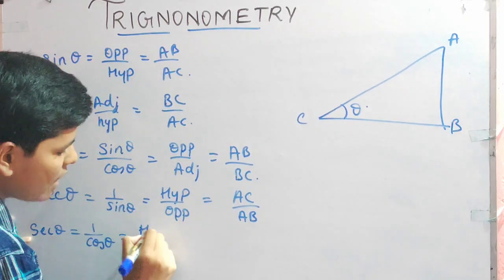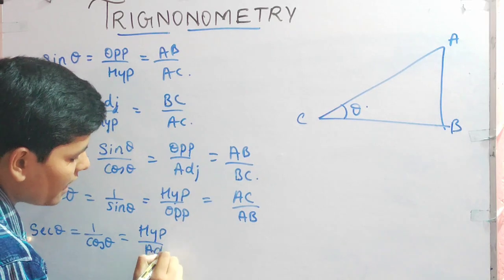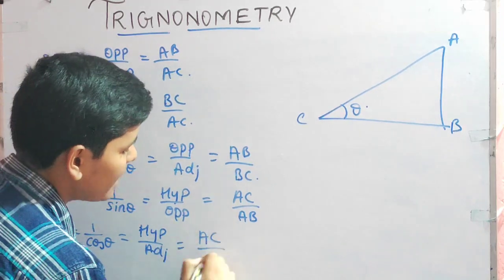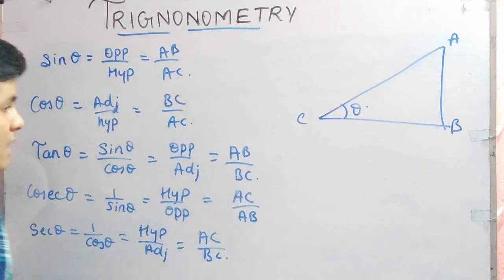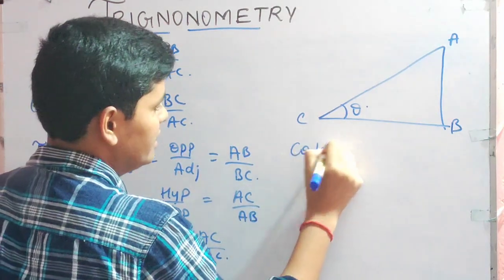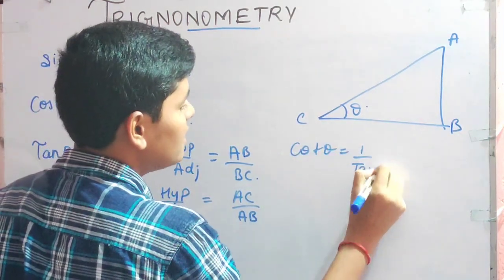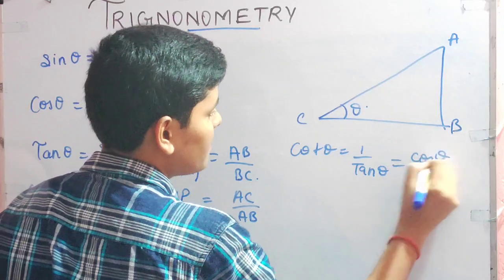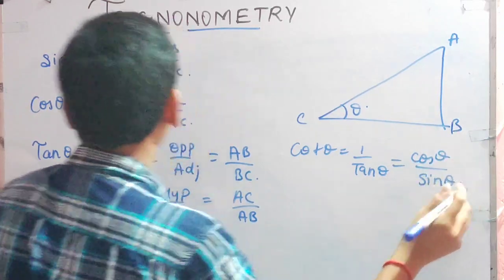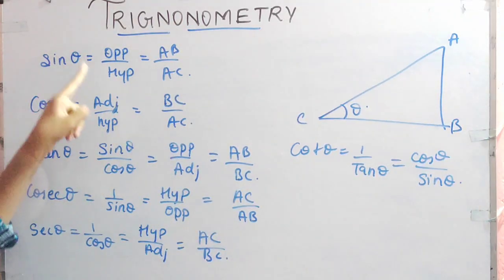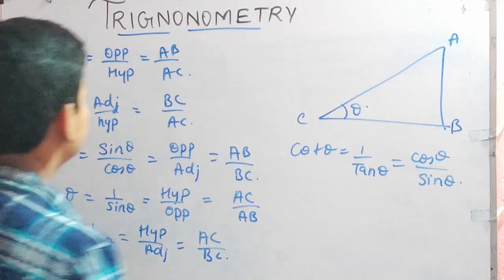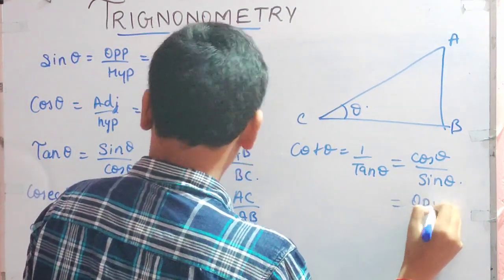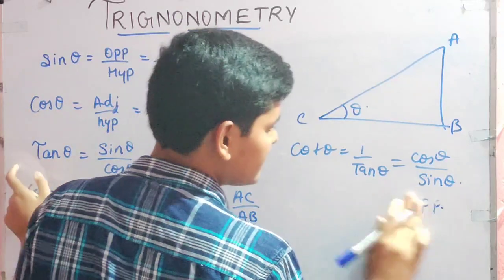Adjacent by hypotenuse, so hypotenuse by adjacent, that is AC by BC. And then the last one, cot theta, that is 1 by tan theta, that is equal to cos theta by sin theta. What is cos theta? Adjacent by hypotenuse, and sin theta is opposite by hypotenuse, hypotenuse and hypotenuse get cancelled, so we get cot theta as adjacent by opposite.